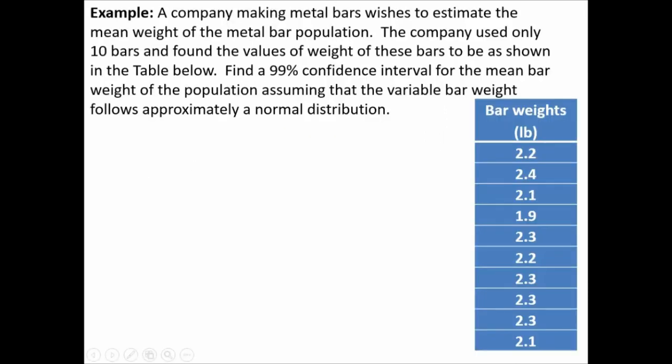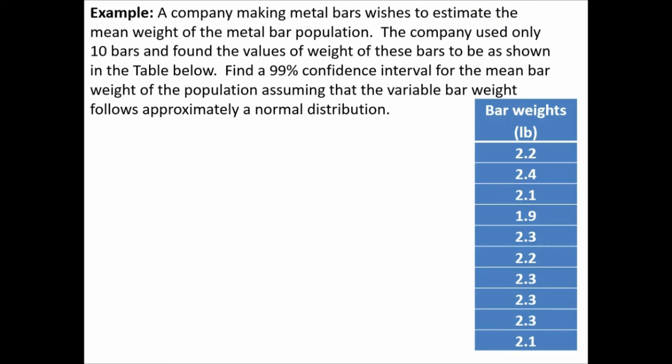Here is another example where we will have the opportunity to review what we did in the previous session in calculating the average and the standard deviation of a sample. A company making metal bars wishes to estimate the mean weight of the metal bar population.